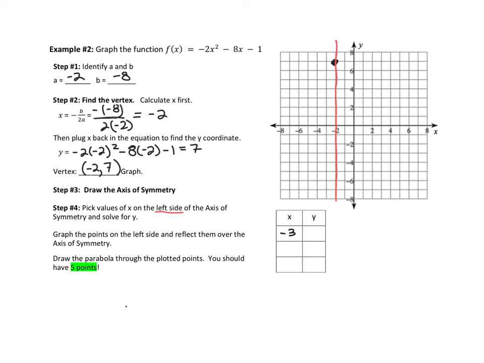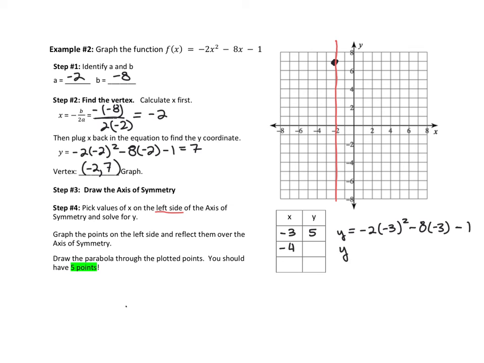So those are going to be the values we pick. So now we're going to plug those values into our original function. So y is equal to -2 times -3 squared minus 8 times -3 minus 1. So if we put that into our calculator, we would get -3, 5.